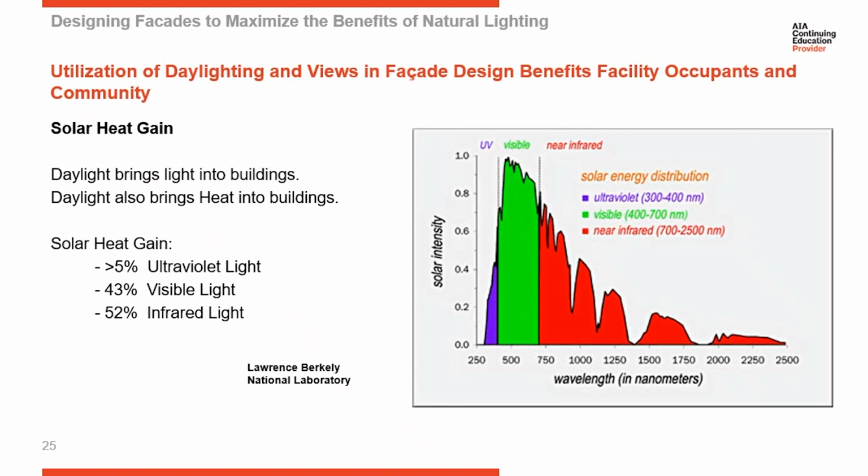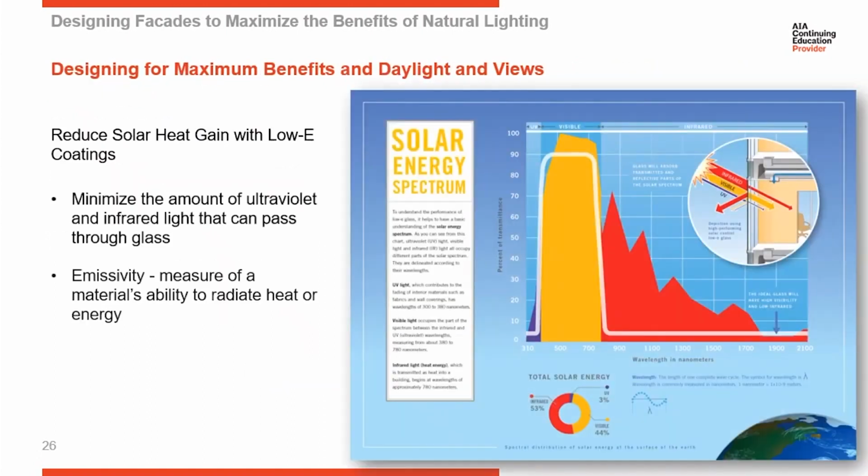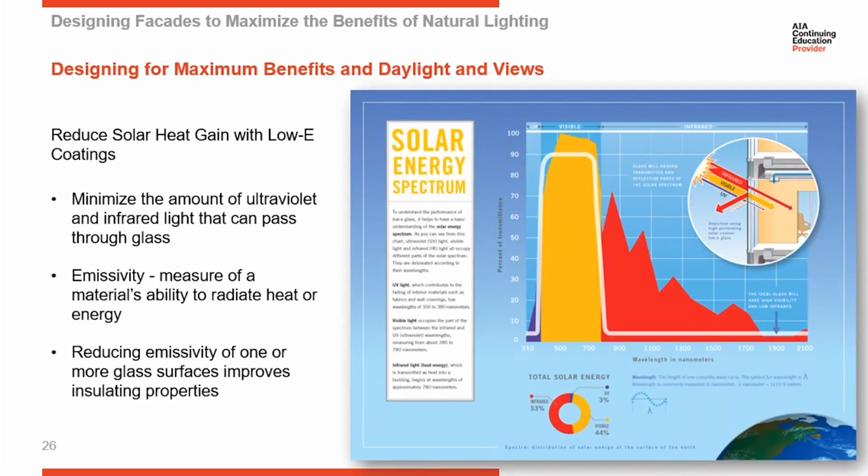That's where glass manufacturers have done a great job of introducing low E coatings that are available on their products. Low E is a measure of emissivity, and emissivity is a measure of a material's ability to reflect or radiate heat inward. So a low E product does not have a good ability to radiate heat. It's reducing the ability of the material to radiate heat.